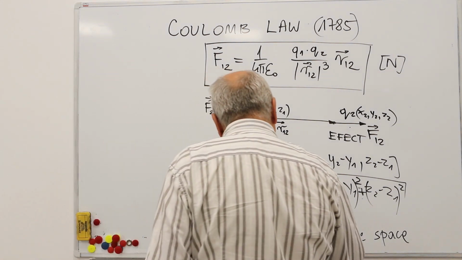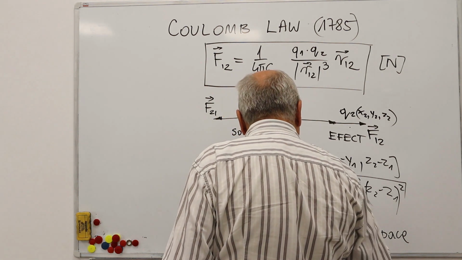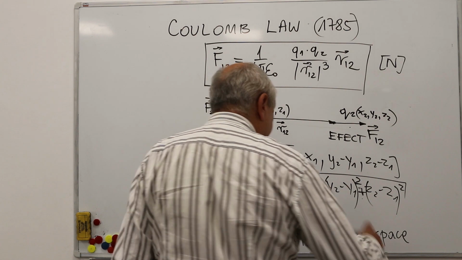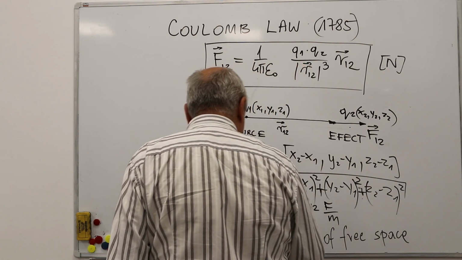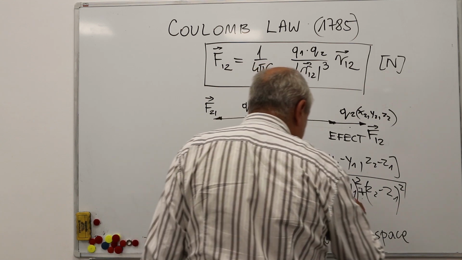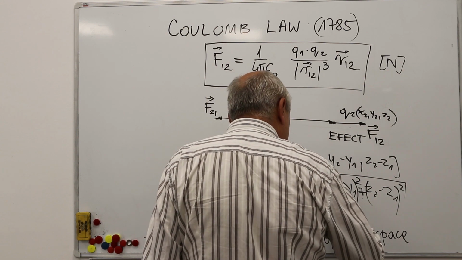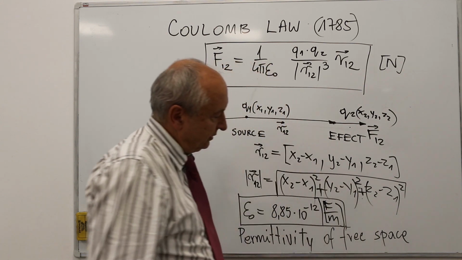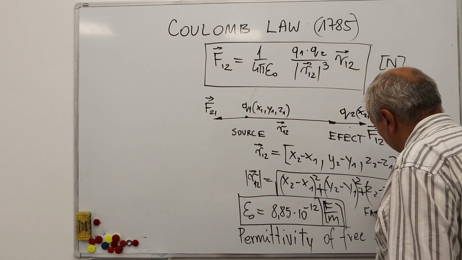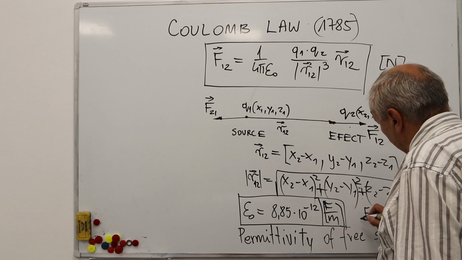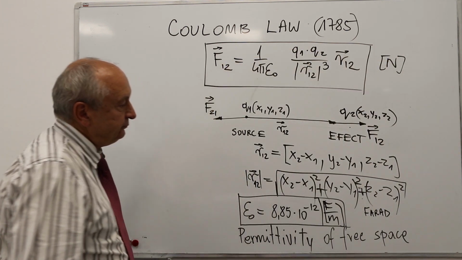It is equal to 8.85 times 10 to the minus 12 farad per meter. This value is important, and the unit is important as well. It is farad divided by meter. Farad is the unit of capacitance.